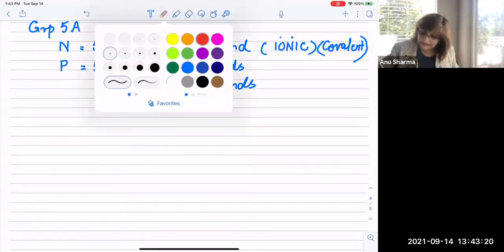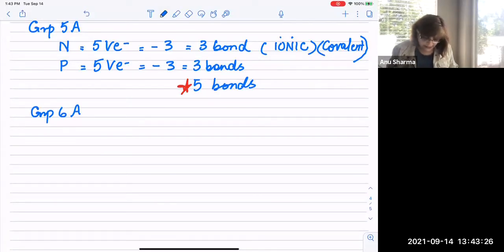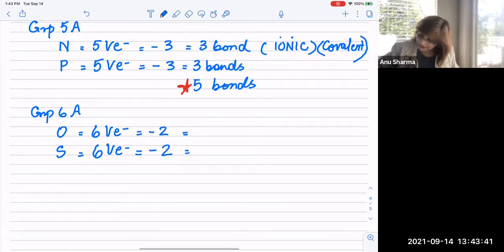Okay, next, let's get group 6A. Group 6A consists of oxygen and sulfur. Both of them have 6 valence electrons, and that gives them -2 charges. And yes, oxygen will form 2 bonds.